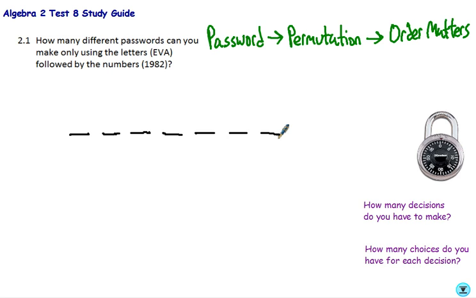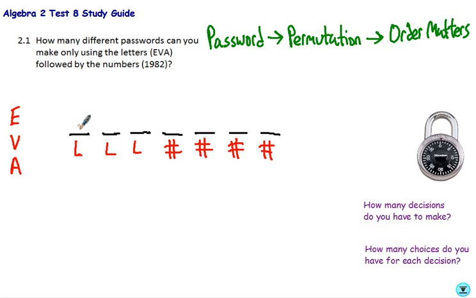Now, there's 3 letters that she's using, and I'll just do L for letter. And then there's 4 numbers that she's using. All right. And then we want to say, how many different possible arrangements could she come up with? Well, there's 3 letters in her name, E-V-A. So E, V, and A. If I said, how many letters could I put right here?